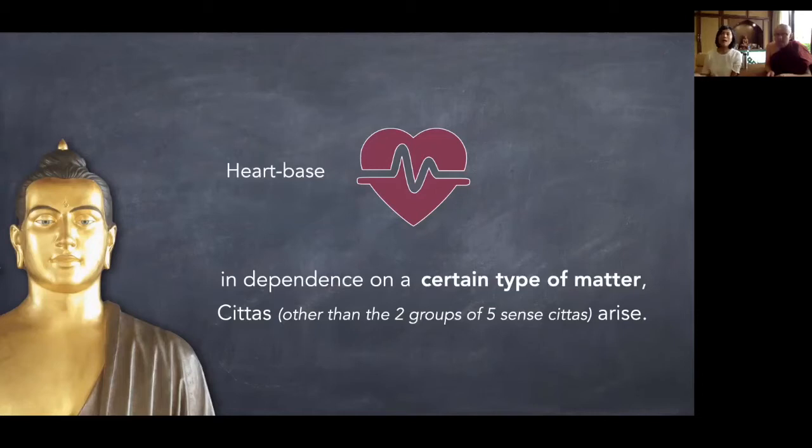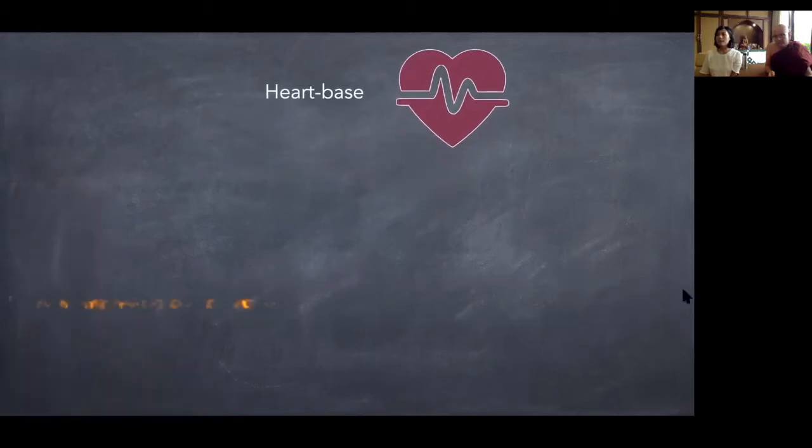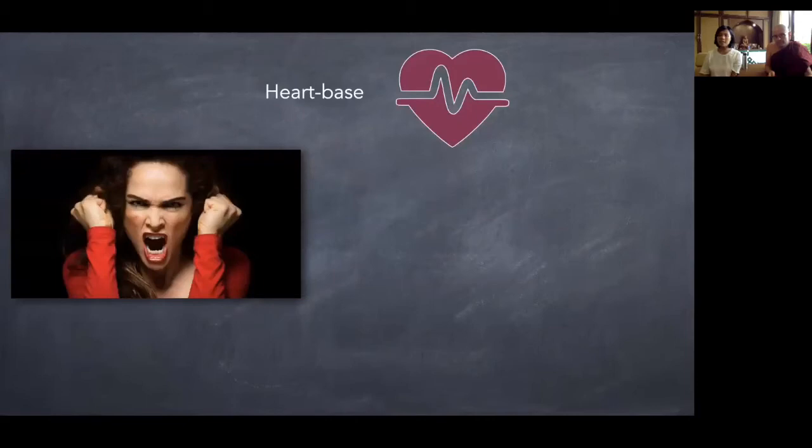But then why do the ancient teachers say that it is heart, if the Buddha didn't say so, no? So there are many arguments and theories like that. But teachers usually explain that heart is very much connected with the mind, no? For example, when we get really, really angry, what happens to the heart?